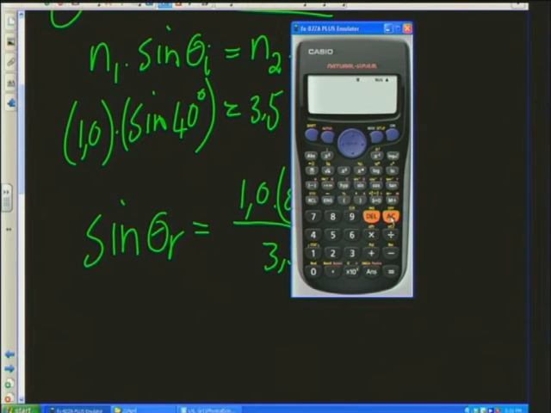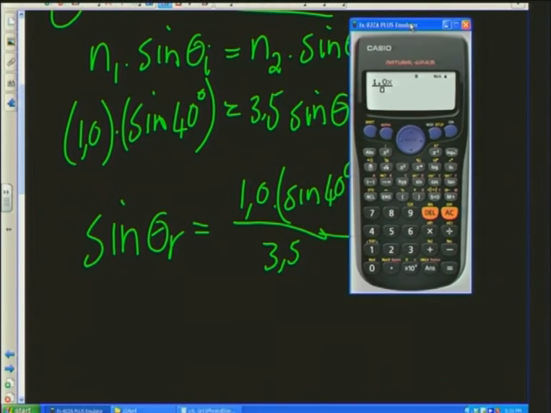Let's not make a mistake. I'm going to use the fraction button again. I'm putting in the 1, even though you don't have to. 1,0 times the sine of 40, and closing that, go down, and I'm going to say 3,15 on that side, equals.